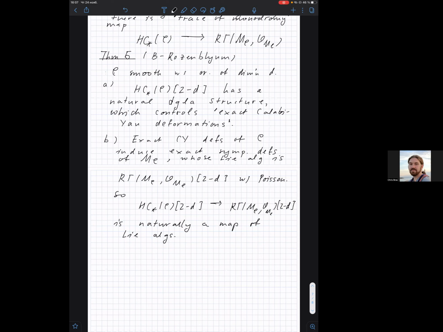Right. And this is the Lie algebra that controls deformations of a category in some sense, or you could think of it as infinitesimal automorphisms of the category. What this Lie algebra actually is, is an extension of the Gerstenhaber bracket by something else.